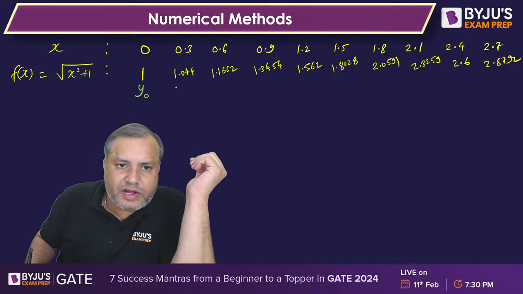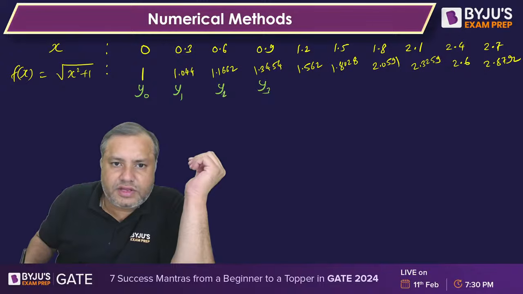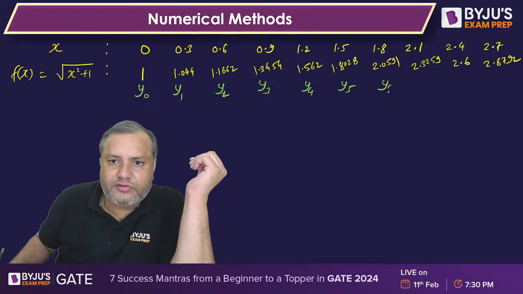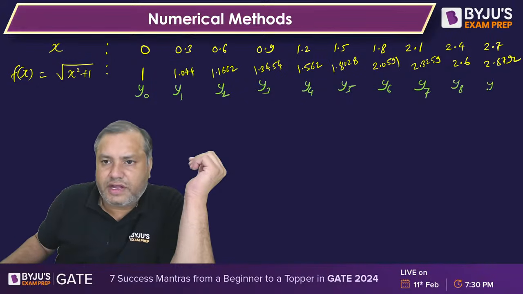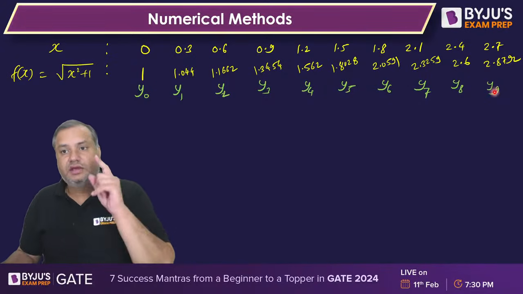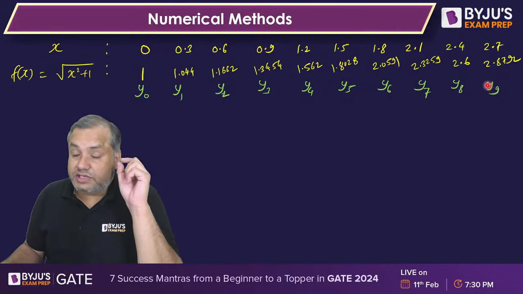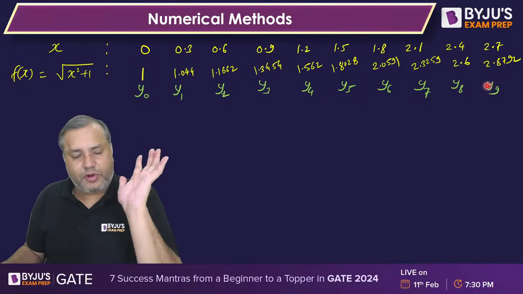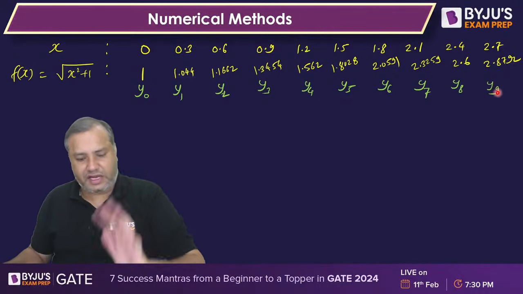Now numbering y0, y1, y2, y3, y4, y5, y6, y7, y8, y9. See, this y9 suffix is 9, and this suffix should be the value of n given in the problem. So n is 9, so this y9 is correct.